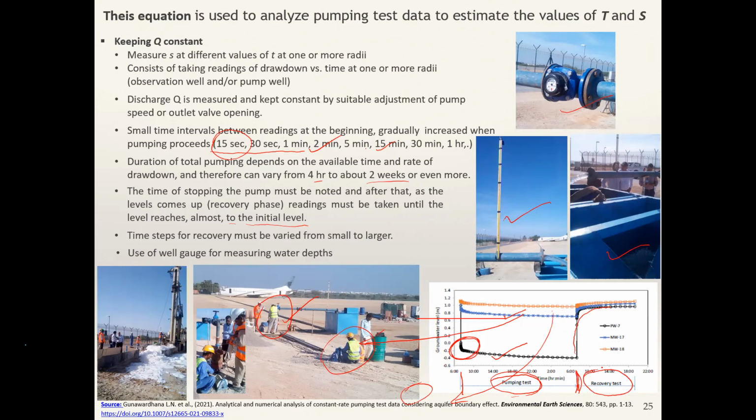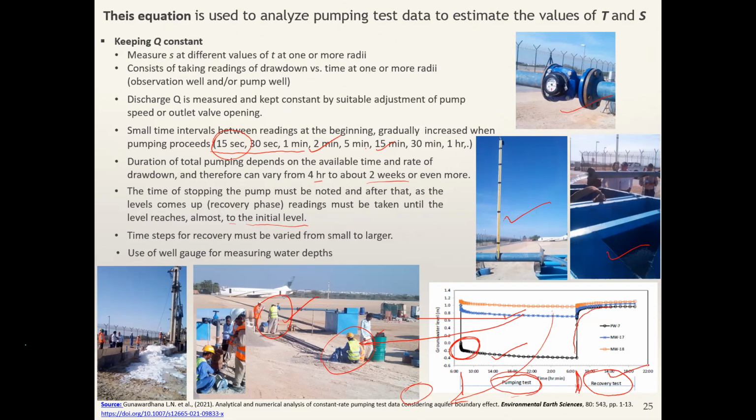This recovery test can be used as an independent test to verify the estimation that you get from the pumping test. You get some estimations from the pumping test for the hydraulic conductivity or the transmissivity. So that transmissivity can be verified independently by using the data from the recovery test.